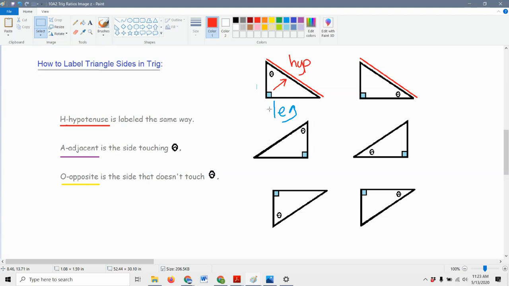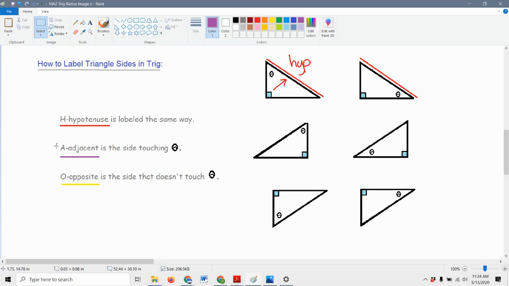Now when we are labeling our sides in trig, we want to label our legs with respect to theta, with respect to that angle we're looking for, which is what we'll be doing a lot of in the rest of this part of the unit and the next unit. So we want to make sure to have a very clear sense of where theta is. Now let's look at how we're going to label those legs.